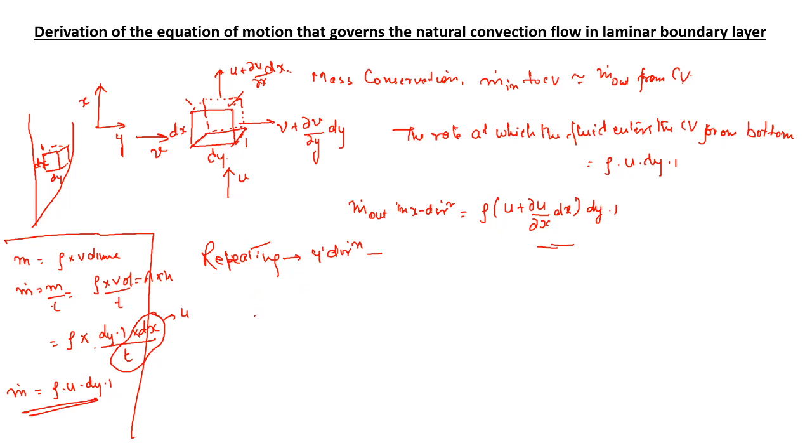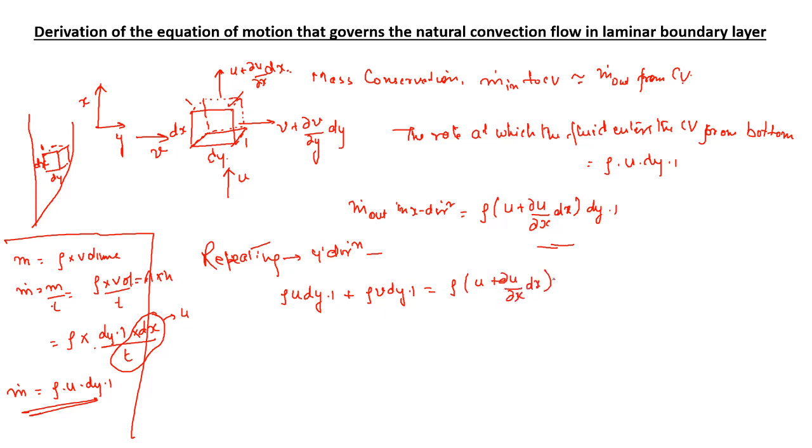We can simply see the relations for the y direction also, so I'm writing it all together. This is the mass flow rate entering in the x direction plus the mass flow rate entering in the y direction is equal to the mass flow rate coming out from the x direction.